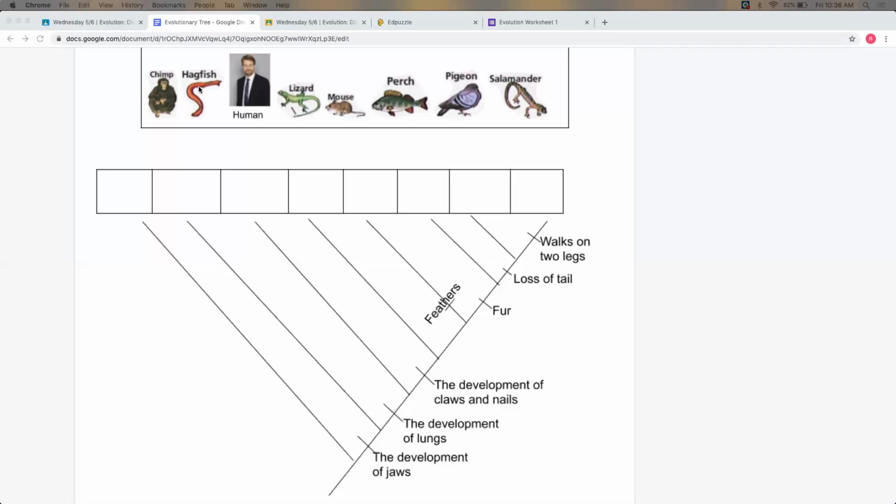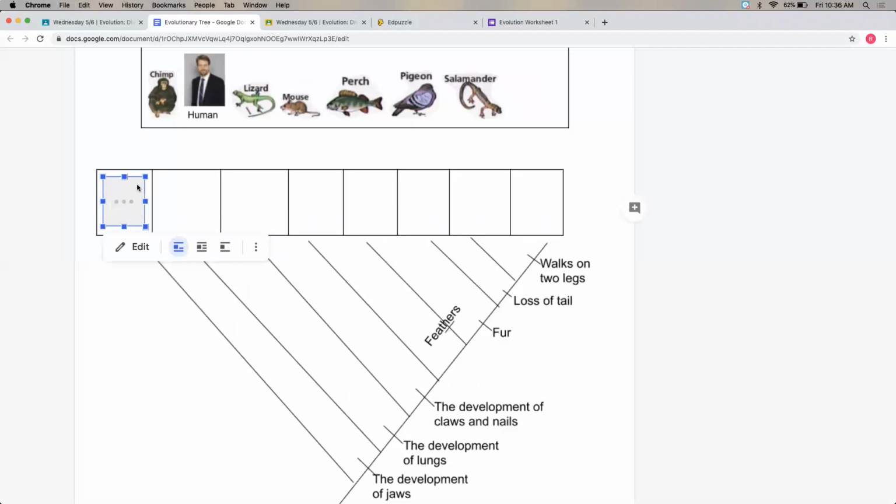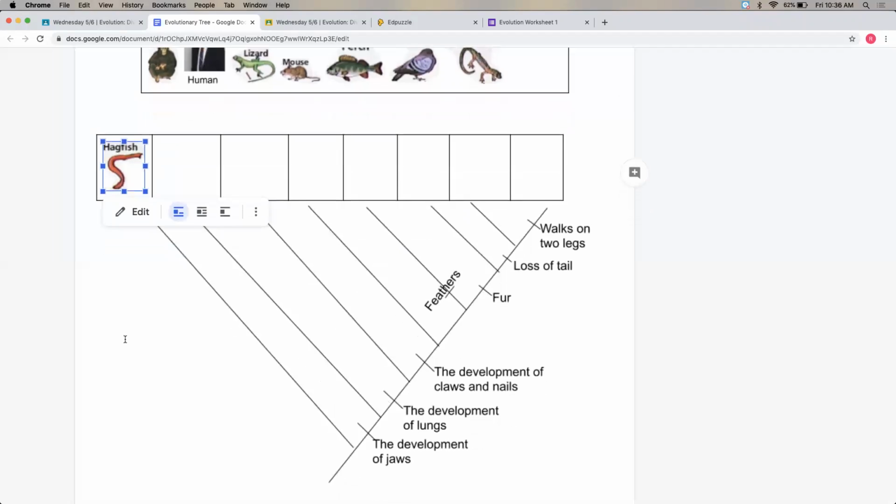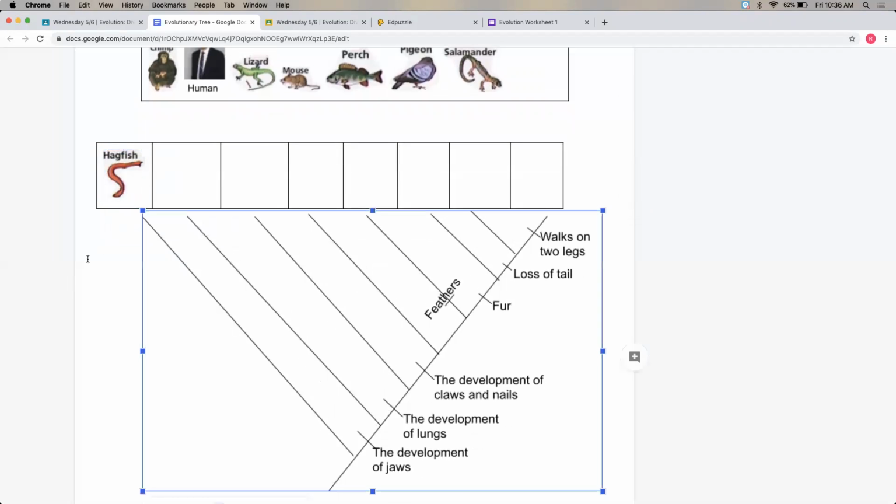That leaves this guy, a hagfish. If you don't know what that is, that's fine. Process of elimination tells us that none of the other ones fit the description. So we would drag the hagfish over, and that is who is related to whatever that original creature is.